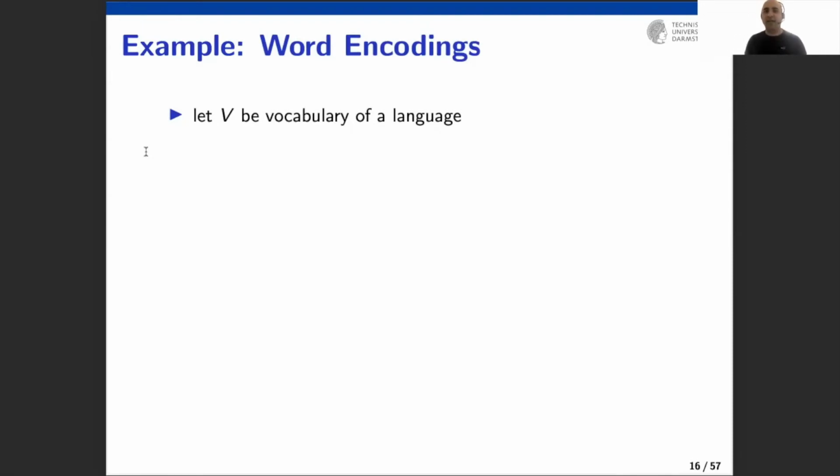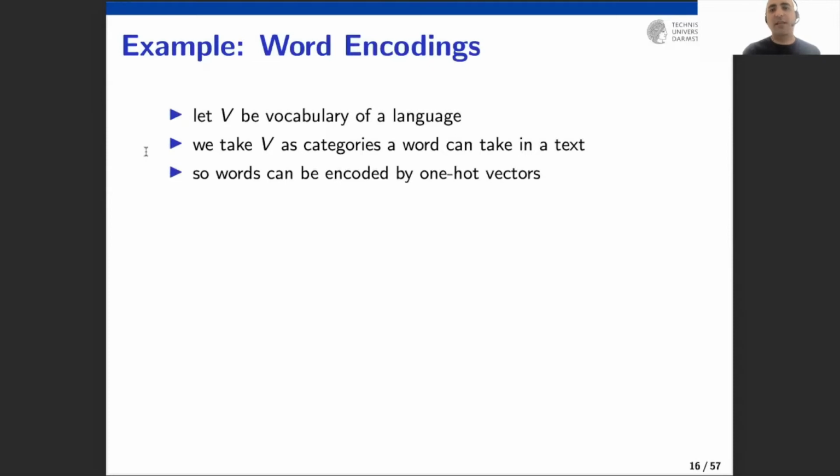Let's assume, as another example, that the set V shows the vocabulary of a language. We can take V as the categories a word can take in the text, right? So words can be encoded by one-hot vectors.